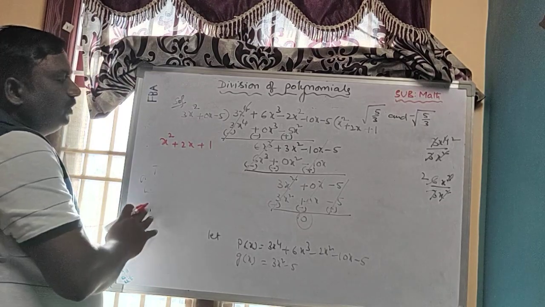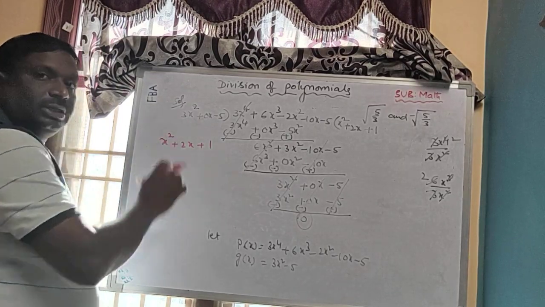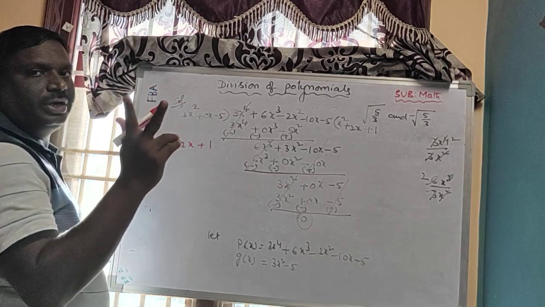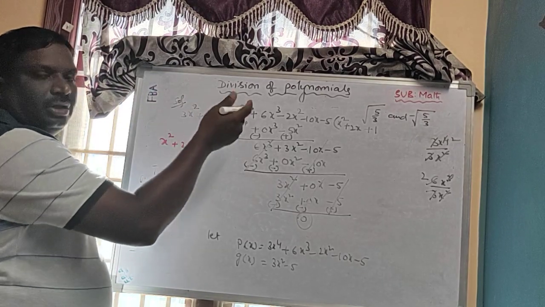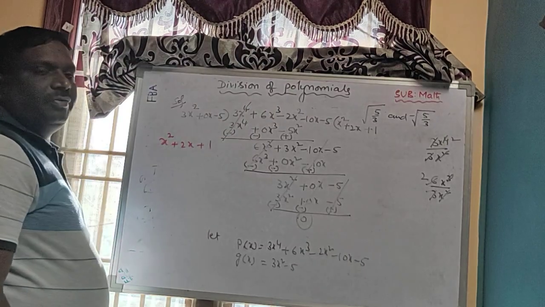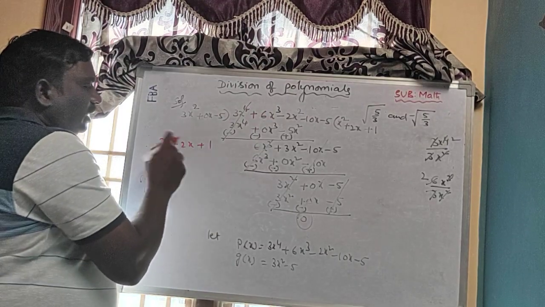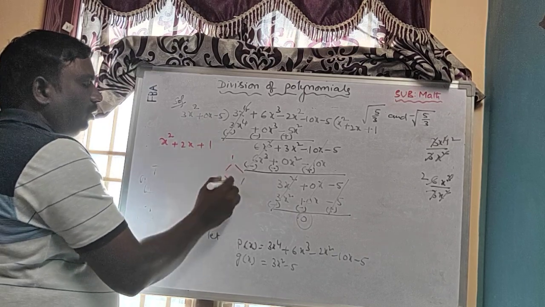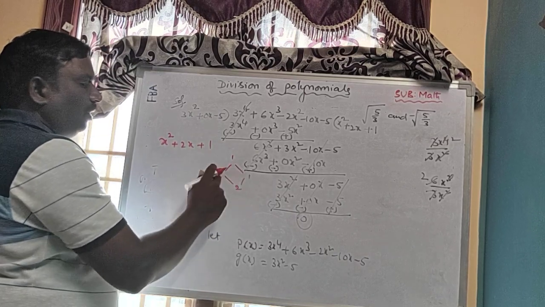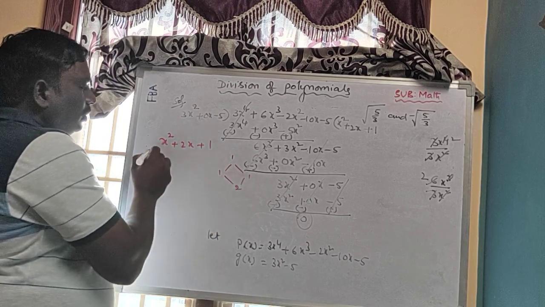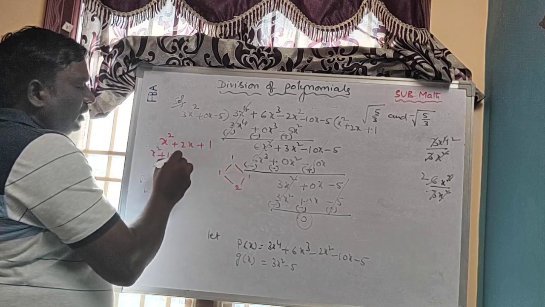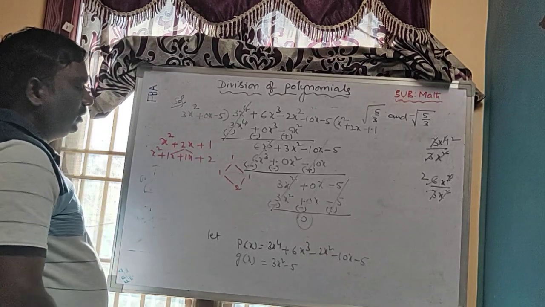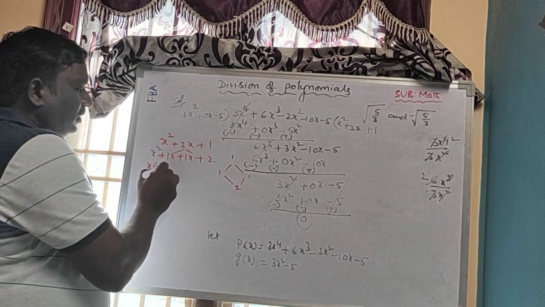For this quotient, use the splitting the middle term or factorization method, and you'll get the two factors, which are the remaining factors of the polynomial. So 1 into 1 is 1, and 1 plus 1 is 2. So x square plus 1x plus 1x plus 1. I split the middle term like this. Now take x plus 1 common.